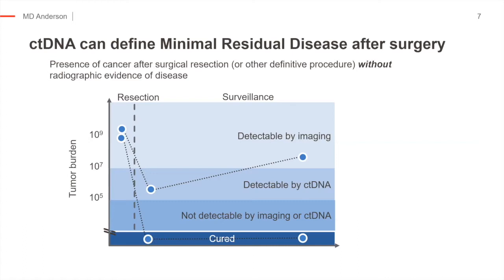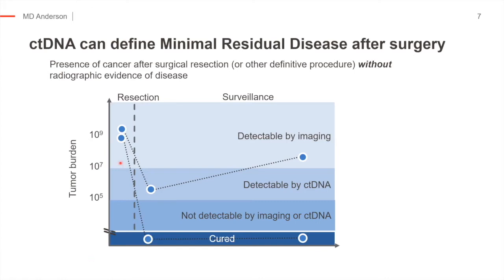So the idea, now back to our graph here, is that you can take a patient that had disease that was visible, resected, and maybe resection and adjuvant, but we'll just talk about some definitive treatments here. And there are 2 scenarios that you can see, right?